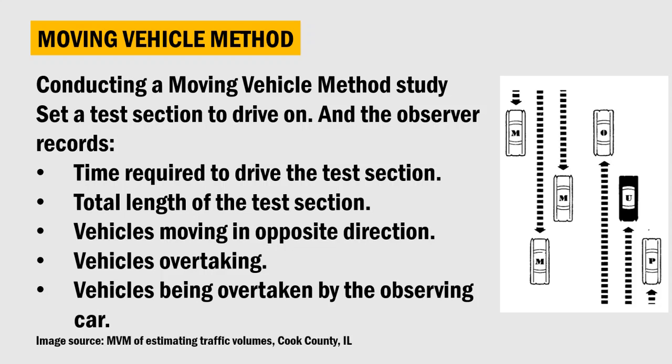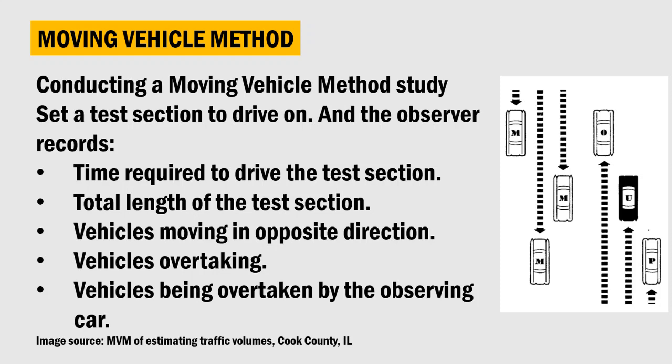If the sample is large enough with the total combined volume of all sections, the method is very useful, which was determined by Cook County, Illinois. For a single section or a small sample, there may be a sizable error.